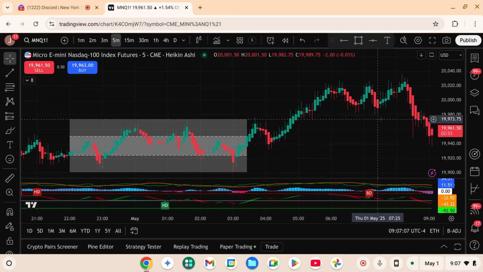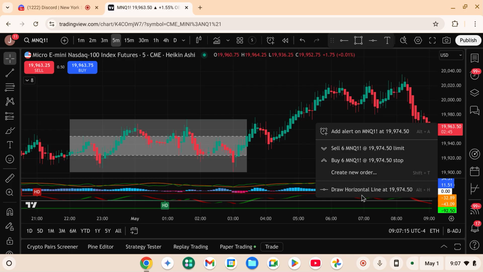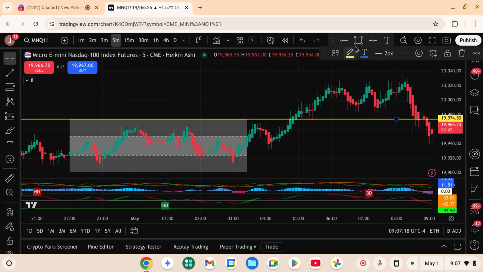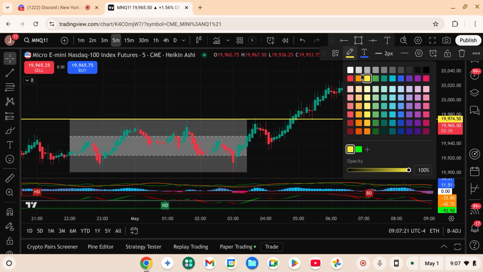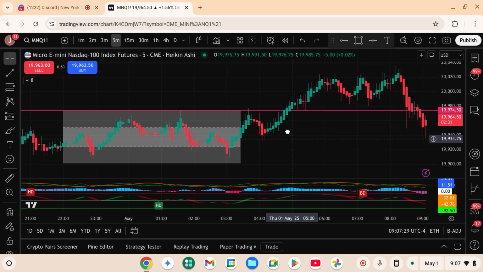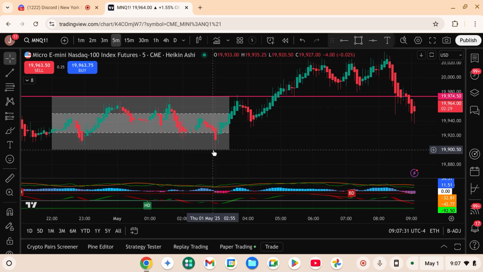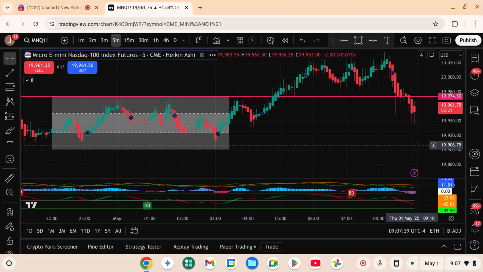So that's London's high from today. Right there. Change that to a different color. Let's do pink. And then 19,900 is the low from today's London session. Right about here.